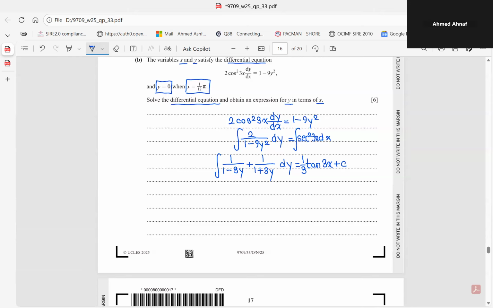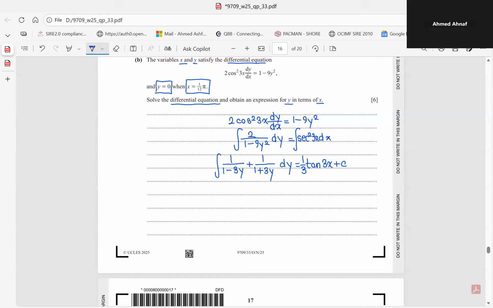Okay, now let's integrate this. We will start with 1 over 1 minus 3y first. To integrate this type of rational function, we have to make it in the form of f prime x over fx, since the degree of the denominator is more than that of the numerator.